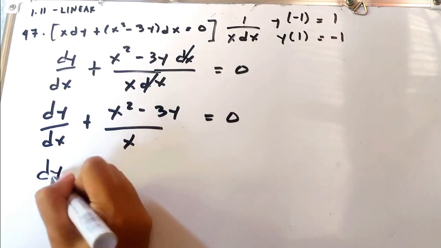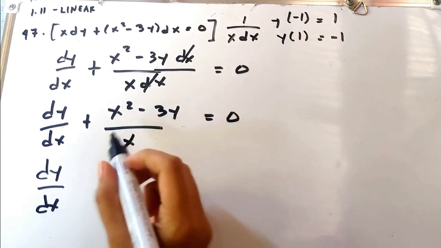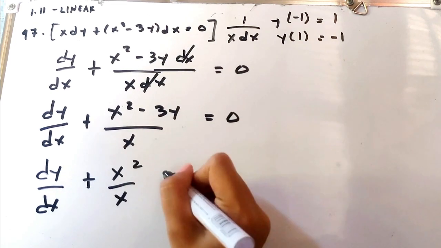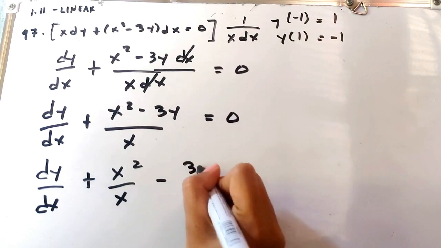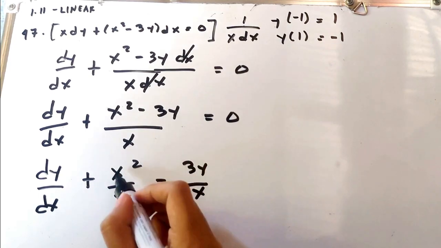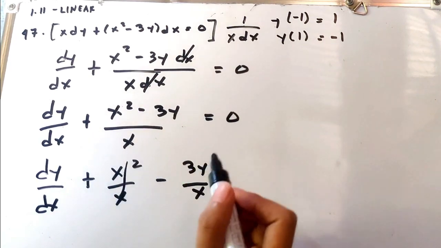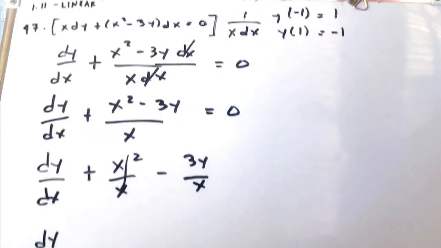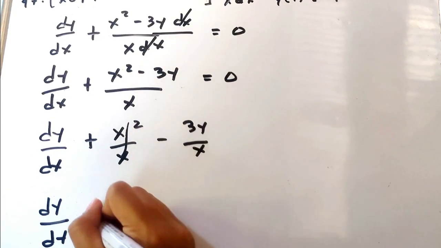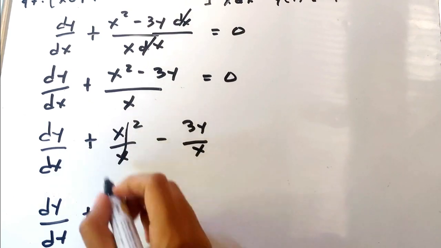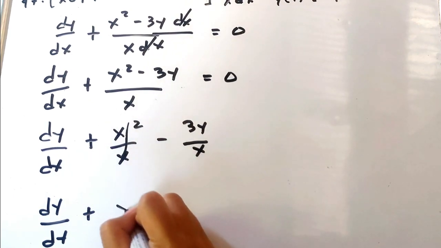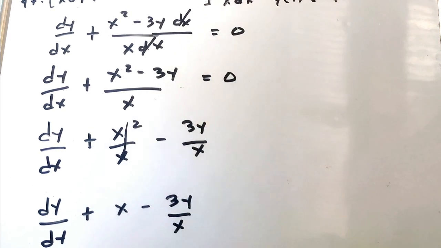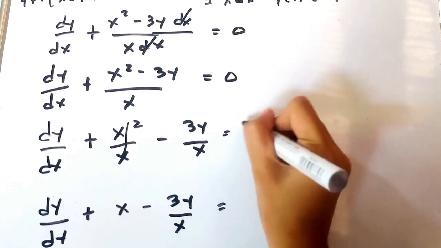So dy over dx plus x squared over x minus 3y over x. We can cancel this one. So dy over dx plus x minus 3y over x is equal to 0.